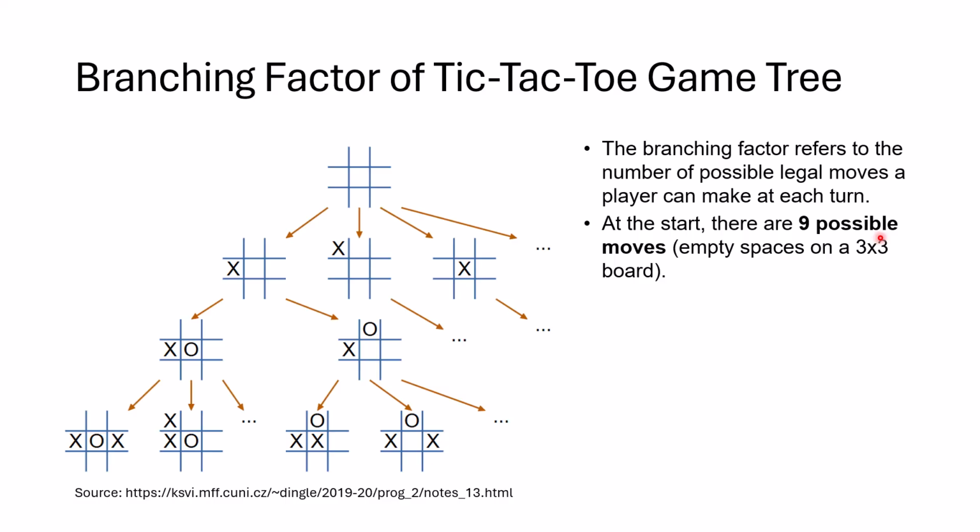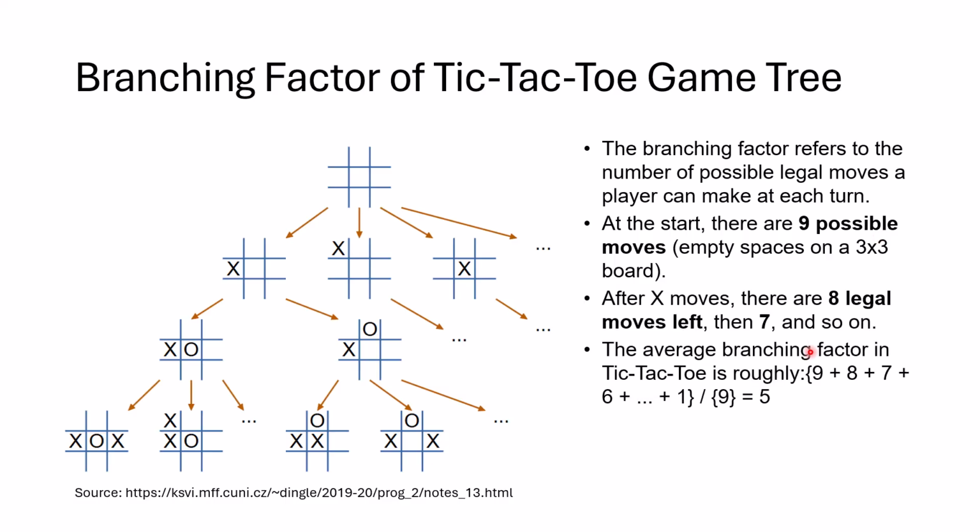At the start, there are 9 possible moves. After X moves, there are 8 legal moves left, then 7, and so on. So the average branching factor in tic-tac-toe is like at the first level 9, second level 8, third level 7. In that way, we divide by the total, 9 different positions. So around 5. So the average number of children at each level is around 5.